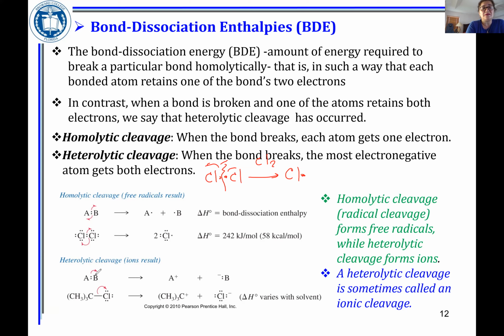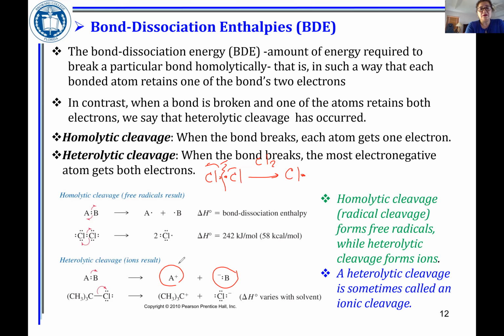In a heterolytic cleavage, the pair of shared electrons is going to go with one, and no electron for the other. The piece that doesn't take electrons would gain a positive charge. The piece that is taking both of the shared electrons would gain a negative charge.